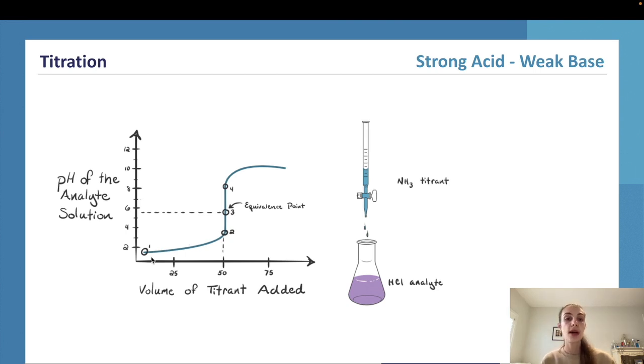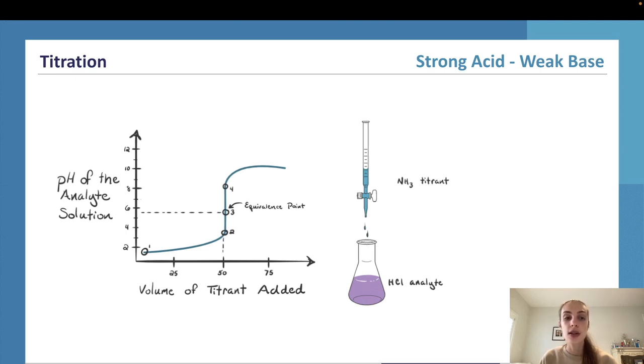However, this small amount of buffering is eventually exceeded because we've added so much base that the hydrochloric acid can no longer buffer. However, at this point, when we've added in so much of the weak base that it can no longer buffer anymore, we've still got a greater concentration of hydrogen ions than we do of hydroxide ions.